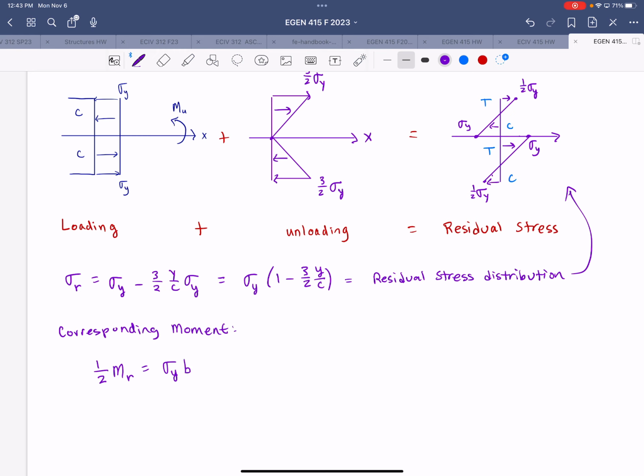Same with the width, since we have a rectangular cross section. And we'll integrate from 0 to c for the top half. And within the integral, we have 1 minus 3/2 times y over c to represent that component of the residual stress. And then for moment, we also have to include the moment arm, which is the variable distance y.